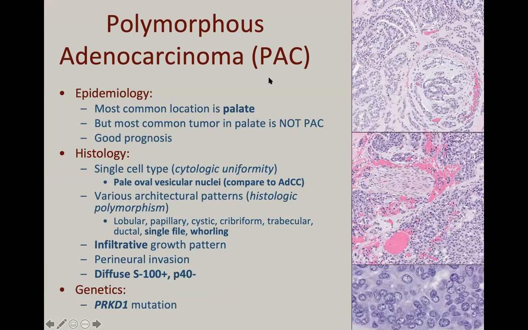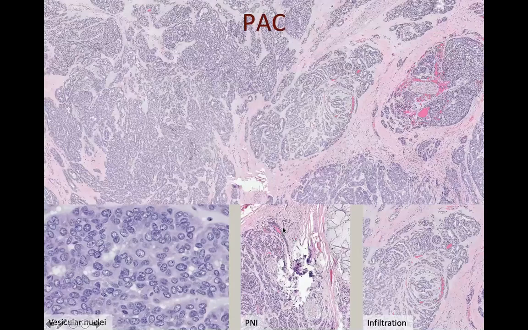The next tumor, which sometimes resides on the histologic differential, is polymorphous adenocarcinoma. This most commonly occurs in the palate. It has a single cell type with these ovoid nuclei and is defined by PRKD1 gene mutations. So here's polymorphous adenocarcinoma. You can see again a single cell type.